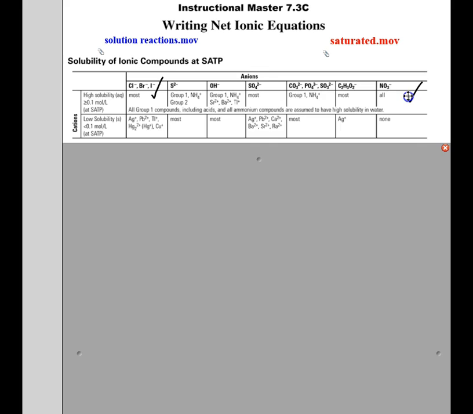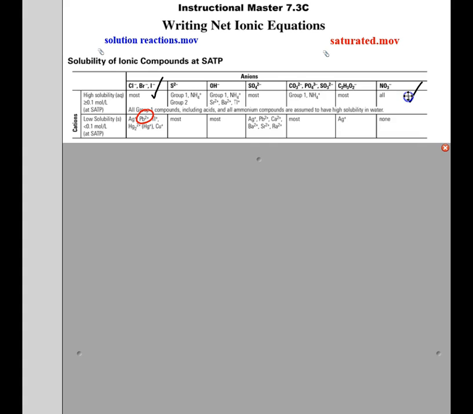And in this case, saturation occurred because the combination of iodide and lead 2+ has low solubility. So there we see that the precipitate forms, but the solution surrounding the precipitate still contains a maximum concentration of lead 2+ and iodide ions.